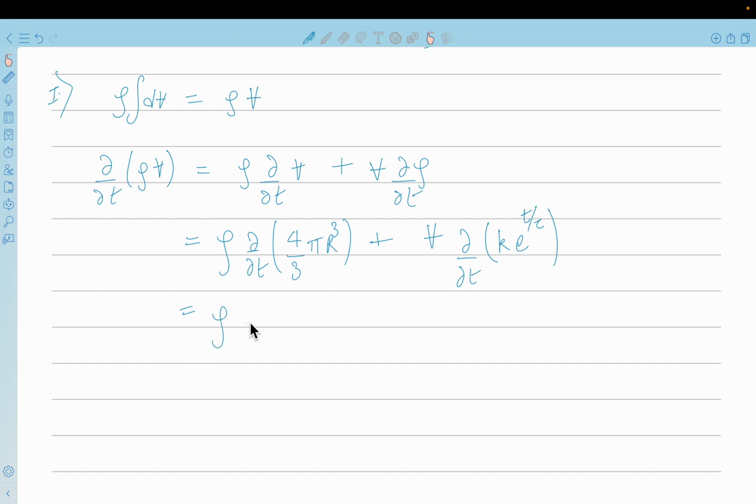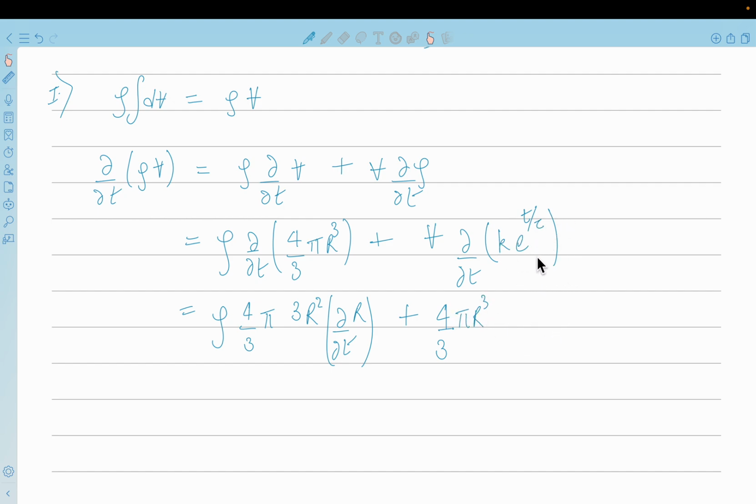We have rho 4 by 3 pi into 3 r square dou by dou t of r, and this is the quantity that we actually want to find, plus the volume, which I'm going to write in terms of R, so this is 4 by 3 pi R cube.